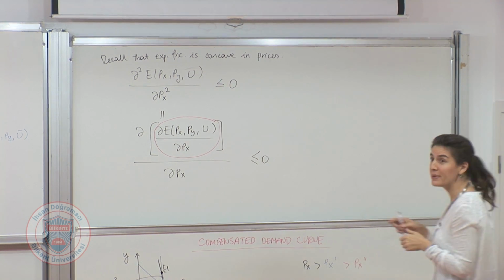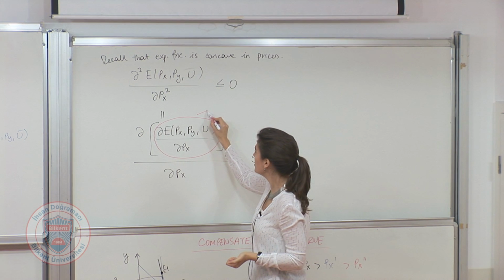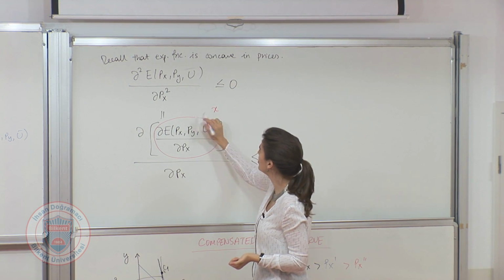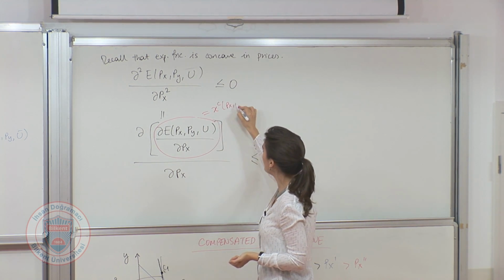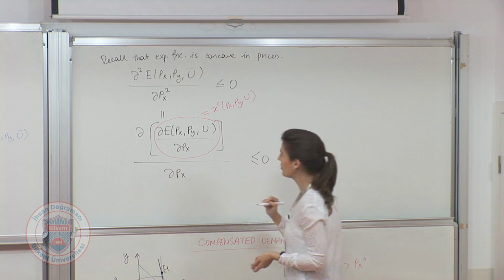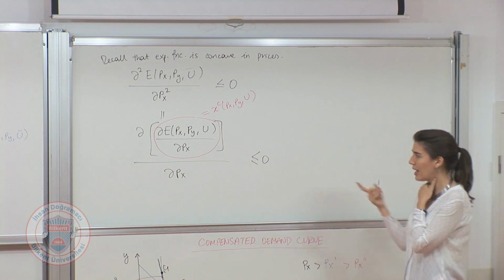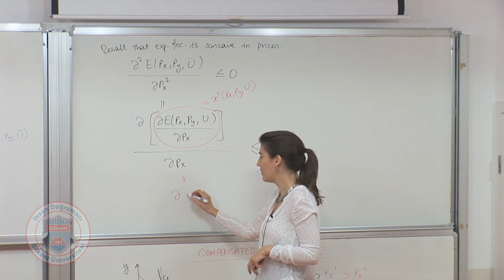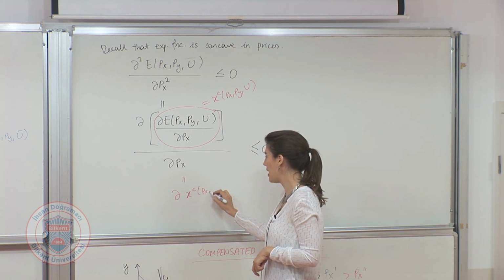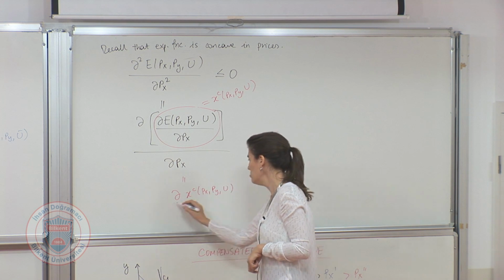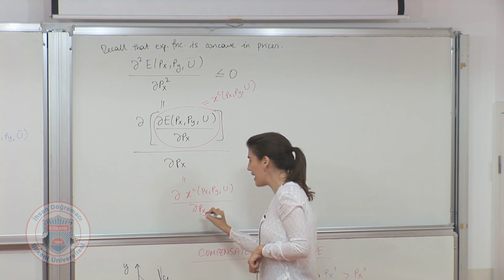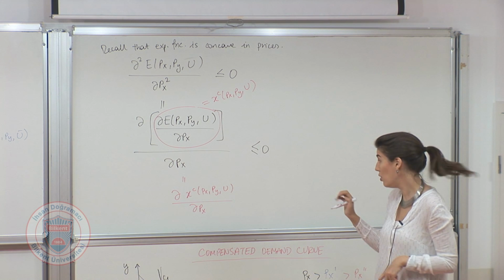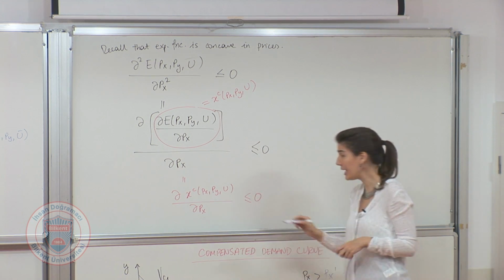Right, so it's compensated demand for x, right? So this guy is equal to xc, px, py, u, okay? So now, then what does this mean? It means that the derivative of xc, px, py, u with respect to px is always negative.